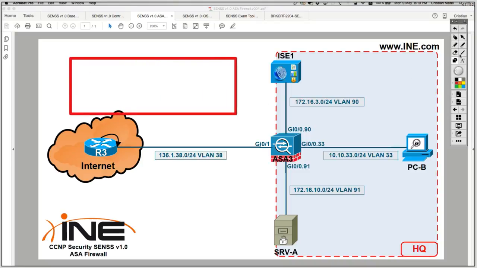This is my router. And again, ideally, to understand me completely, you need good CCNA knowledge. What happens is the following.